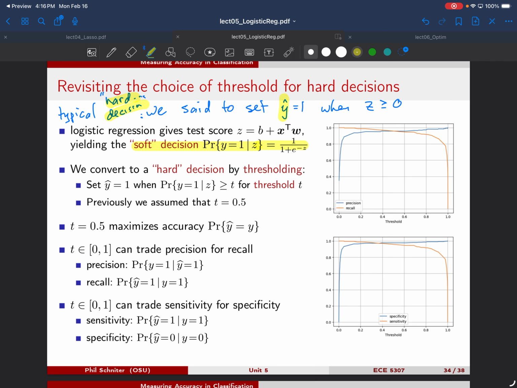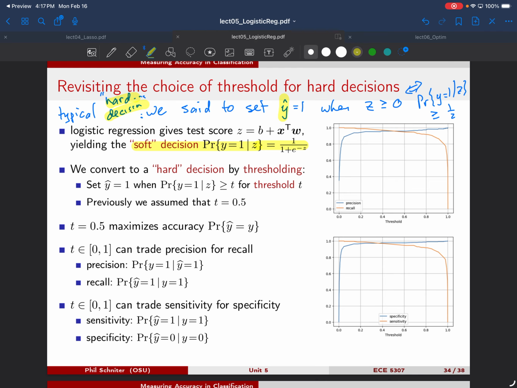And a way we can generalize the choice of the hard decision, we said always set it when z is greater or equal to 0. So basically this is equivalent to when the probability of y equals 1 given z is greater or equal to 1/2, right? z being greater than 0 means probability of y given z is greater than 1/2. So that is the standard option, but we can be more general.